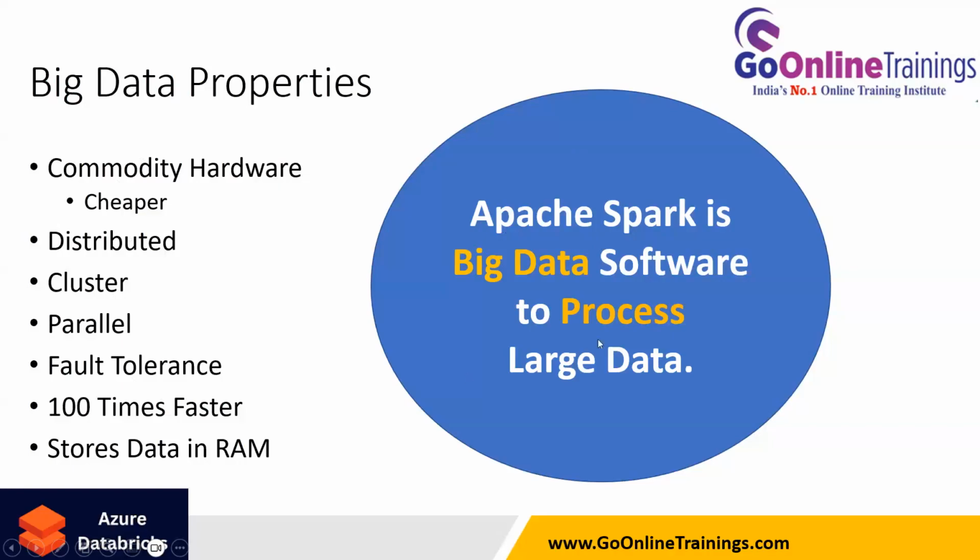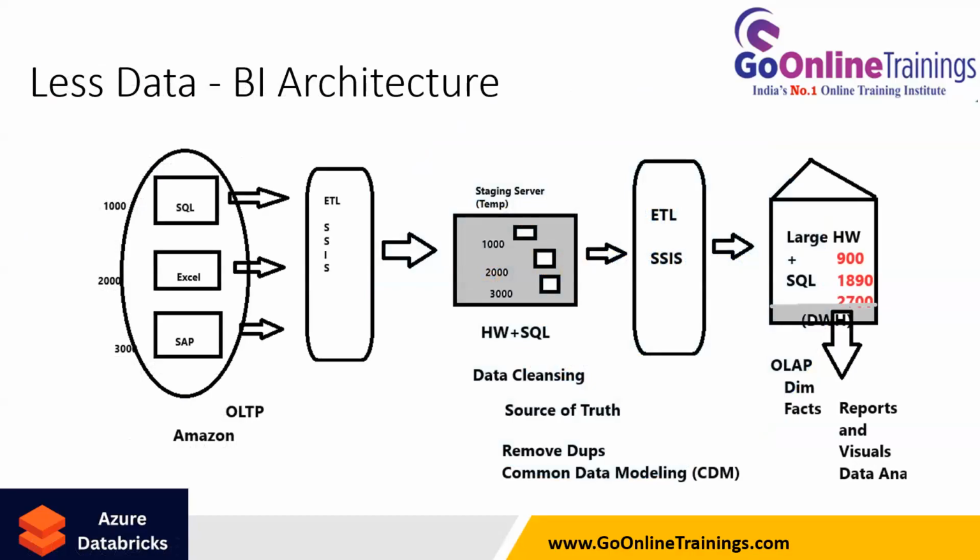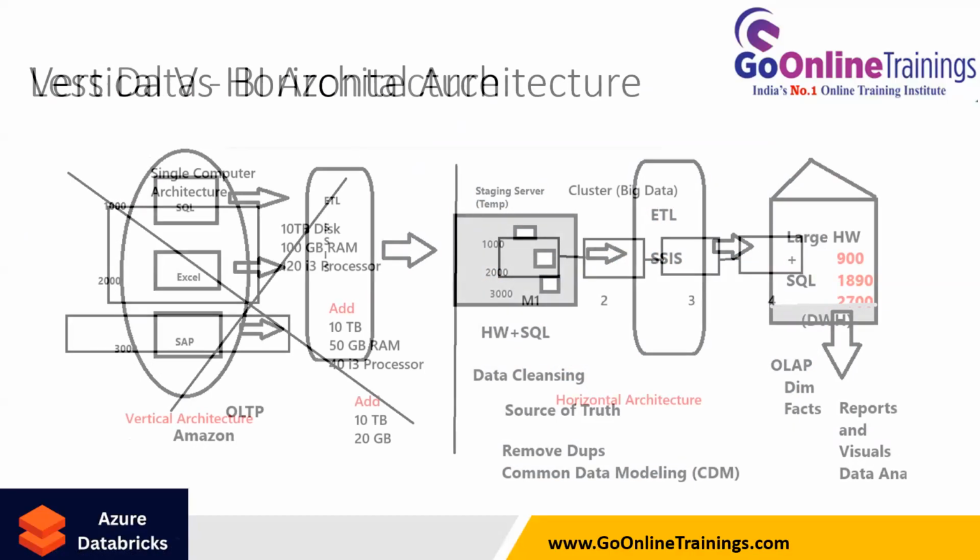Apache Spark is big data software to process a large amount of data. Apache Spark cannot store your data. If you want to store your data, you can install Hadoop in the cluster and store in HDFS. Otherwise, forget about HDFS. We have a data lake, which is again only a distributed file system. Clear? This is what we discussed yesterday.